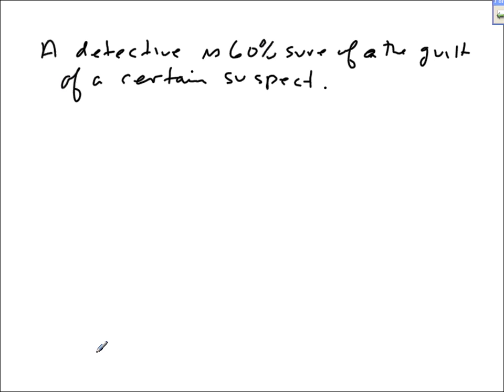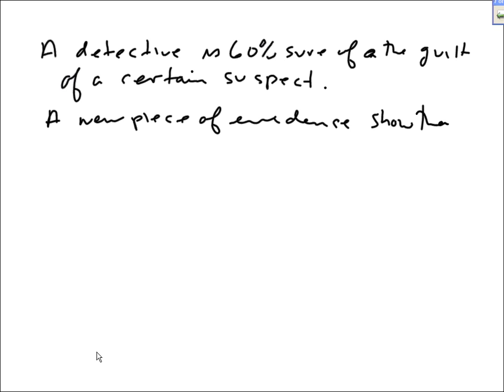And in comes new evidence. A new piece of evidence shows that the suspect has the same characteristic as the person who did commit the crime.